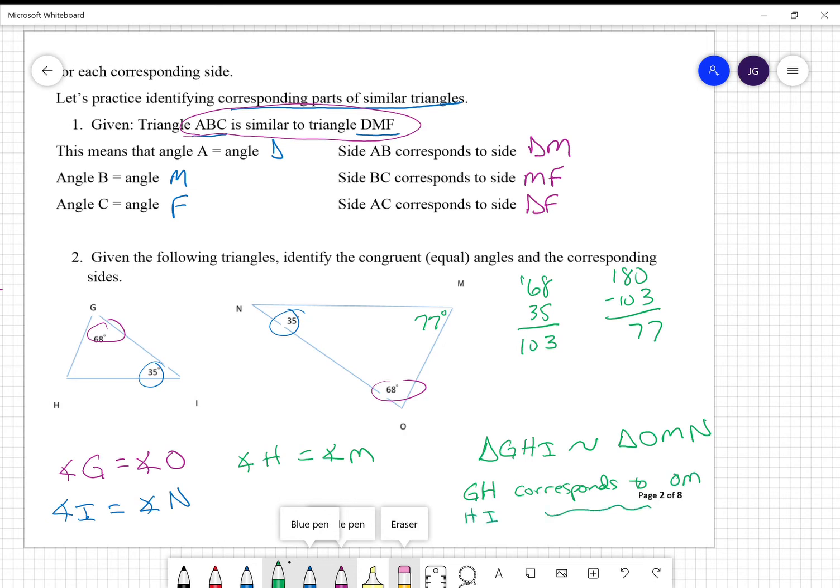HI corresponds to MN. And GI corresponds to ON. Okay, let's go to our next page.